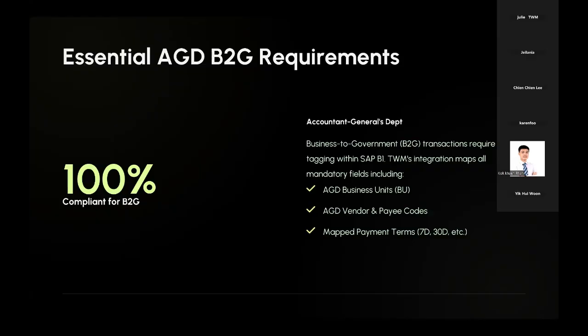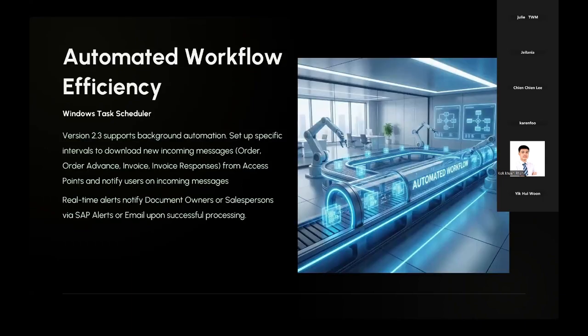So you need to have some mandatory fields and information specified in SAP to indicate the AGD business units, the AGD vendor codes, as well as the mapping of the payment terms, because the government sector has a list of pre-approved payment terms that you must follow. So our add-on ensures that these standards are observed and followed.